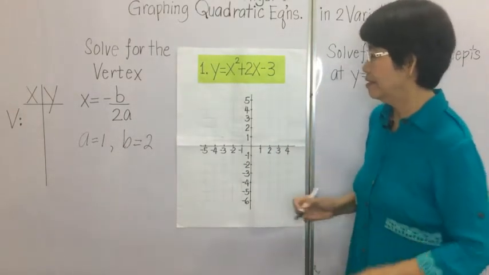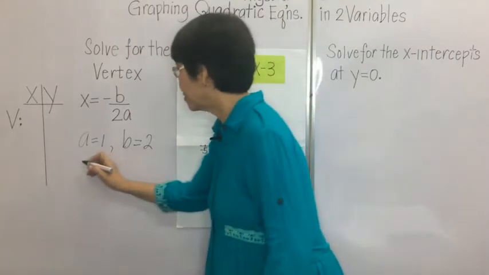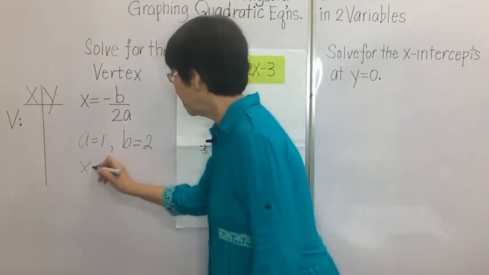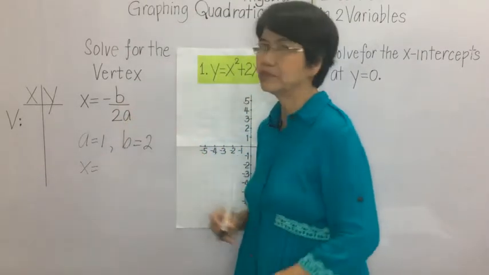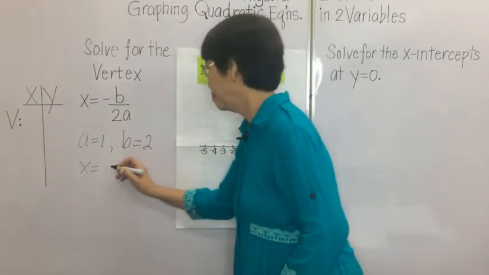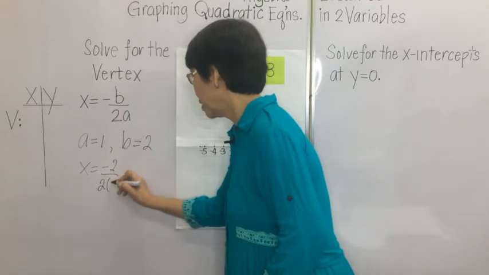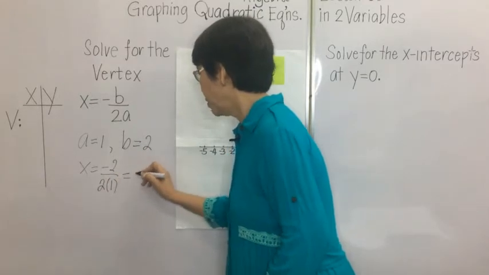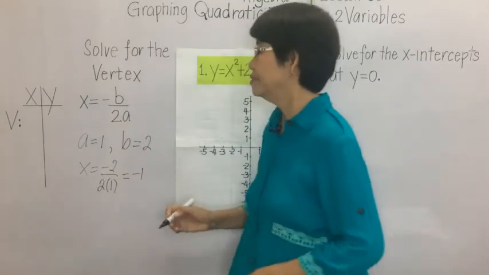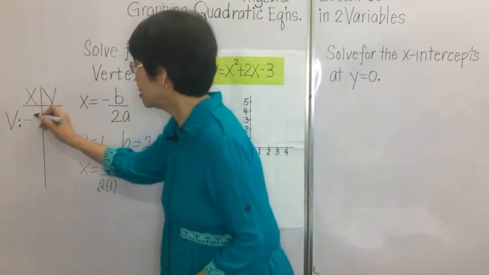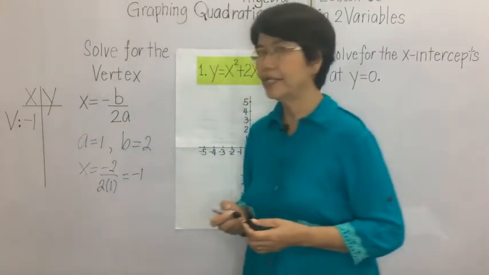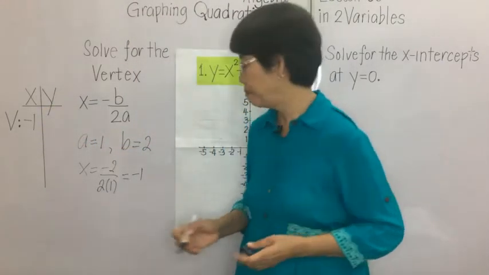And the x value of the vertex is equal to negative b over 2a, or negative 2 over 2 times 1, or negative 1. So we have vertex at x equals negative 1, and then we solve for y.